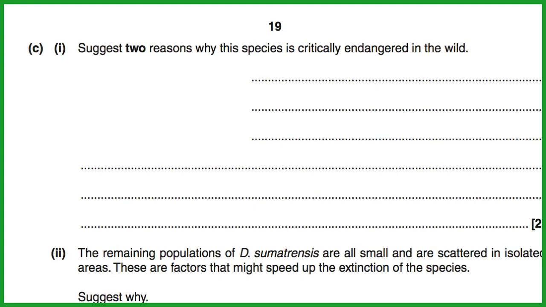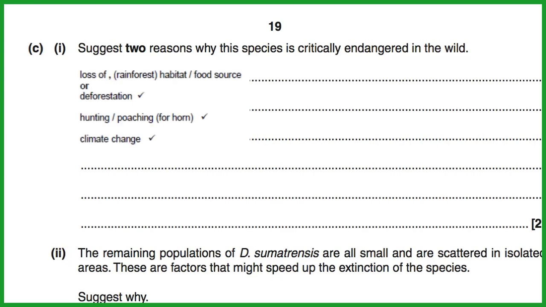So suggest 2 reasons why this species is critically endangered in the wild. So you could come up with any suggestion that would have caused these species to come to very low levels. Suggestions that would have been acceptable here would be things like hunting, because the horn of the rhino is regarded as being very desirable by some cultures, so they're hunted or poached.